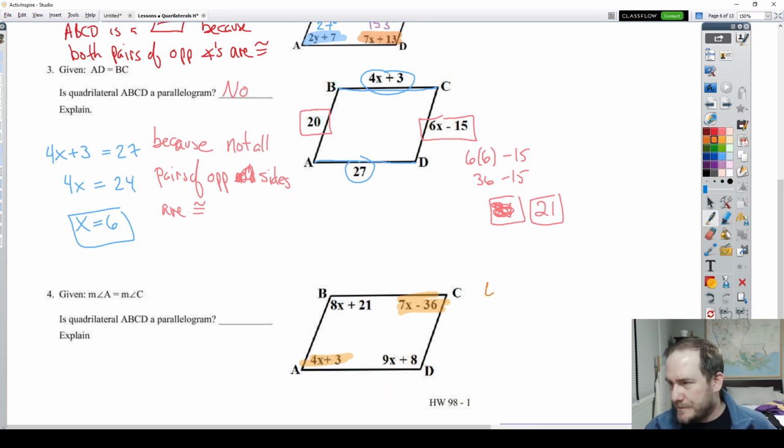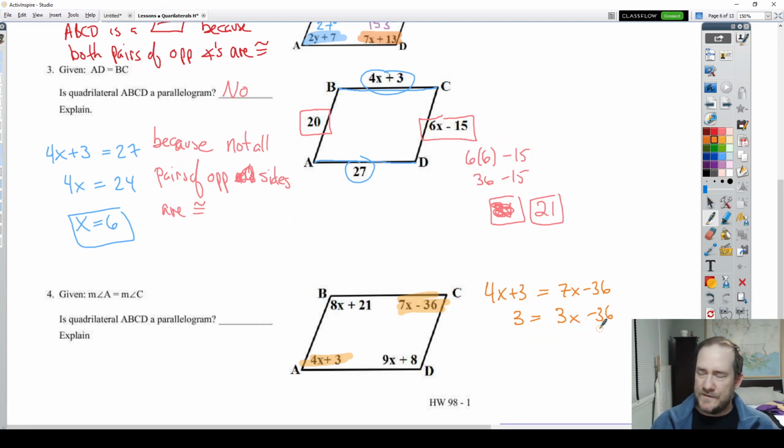So 4x plus 3 has to equal 7x minus 36. Subtract 4x, and subtracting 4x from 7x leaves 3x only. Then you've got this minus 36, and I would add 36 to both sides. So this pops up to 39. This stays 3x, but this thing canceled out. You just divide by 3 and get 13.